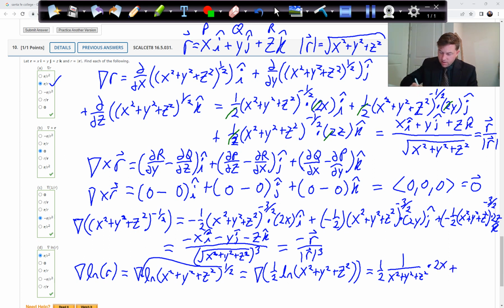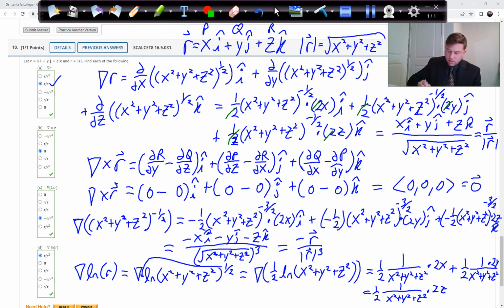Then we're going to get 1/2 again, 1 over all that stuff, x squared plus y squared plus z squared, times 2y. Then the last term is going to be 1/2, 1 over x squared plus y squared plus z squared, times 2z. And once again, the 2's cancel.